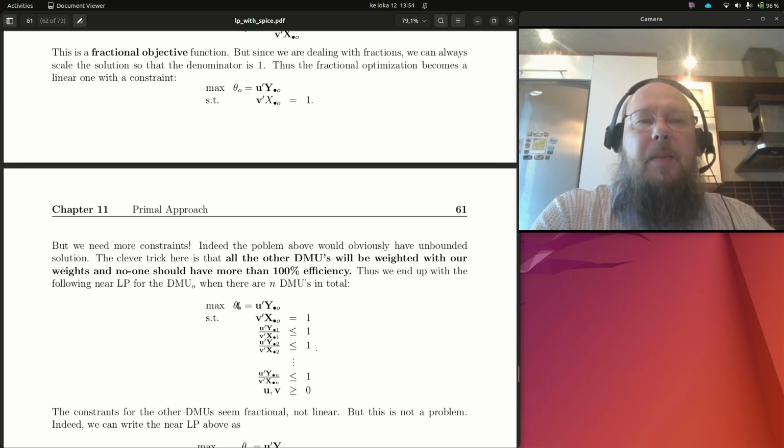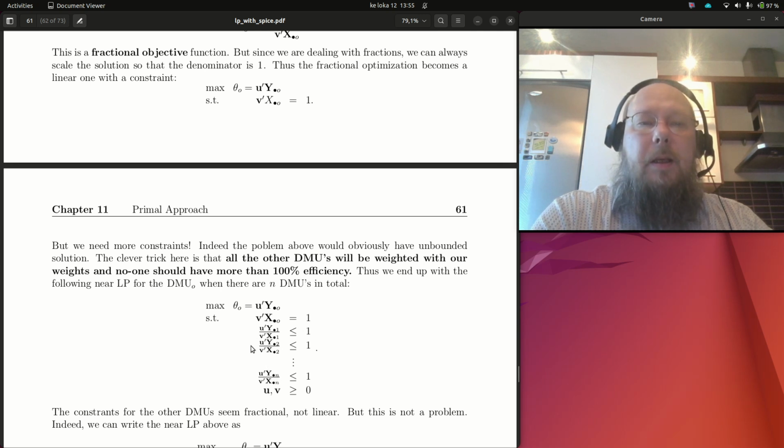So we have the maximization of the weighted output, subject to the constraint that the weighted inputs are 1. And then we have, for example, the weighted outputs divided by weighted inputs for the DMU1. This should not exceed 100%, that is 1. The same for DMU2, DMU3, and so on, and DMUN.